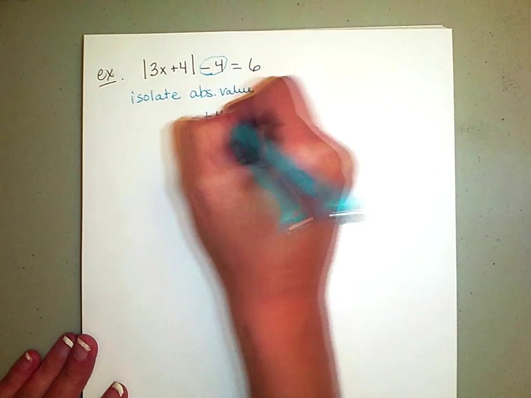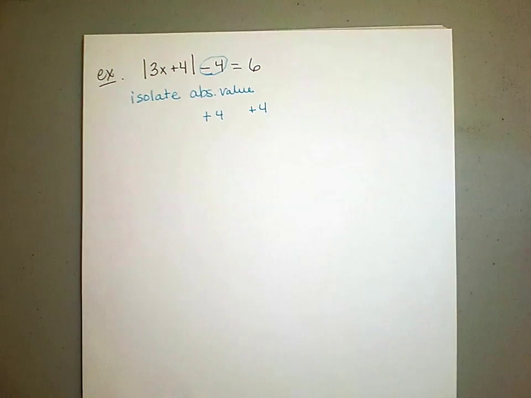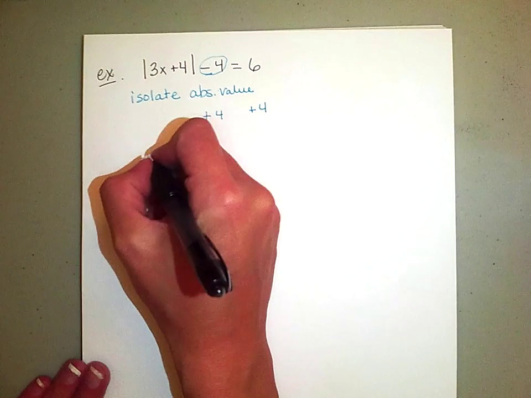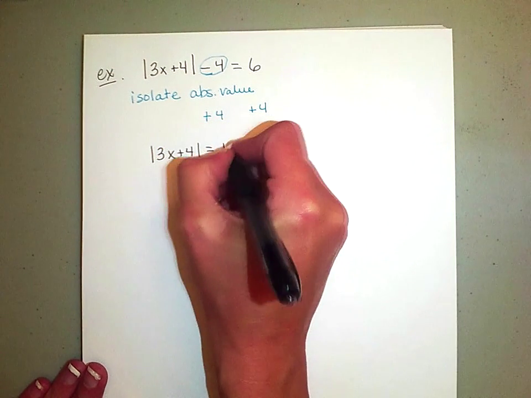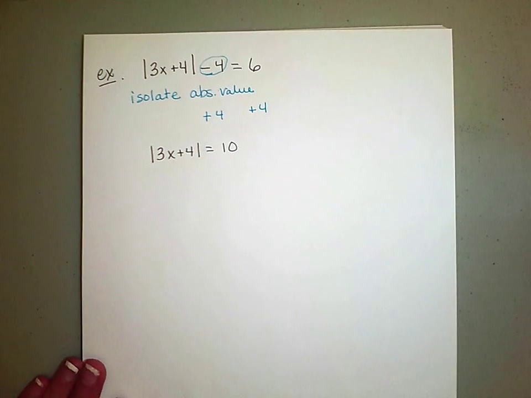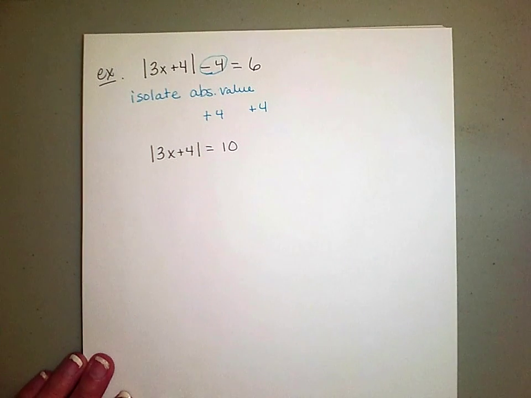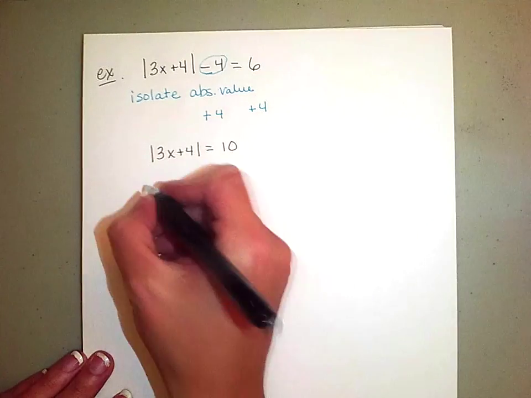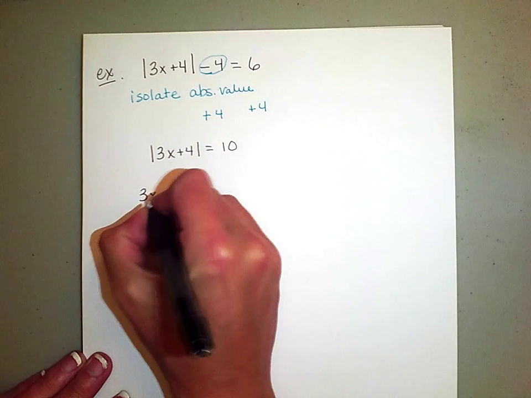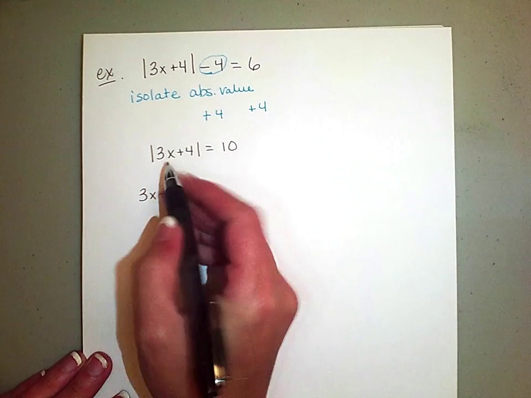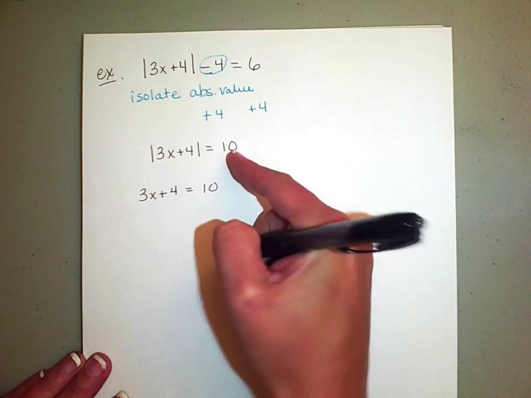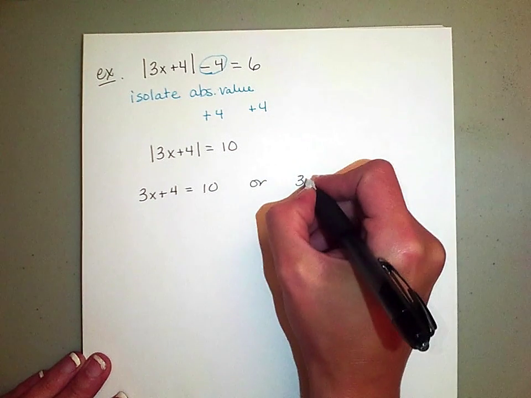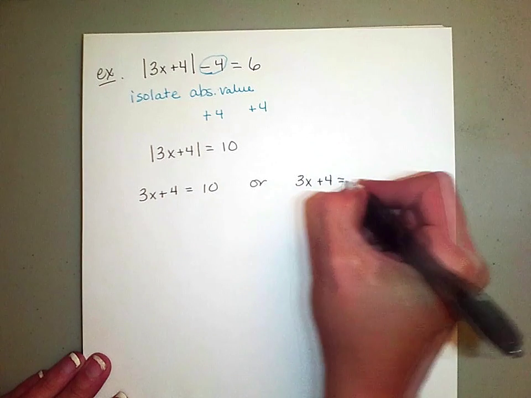And to do that, I'll add 4 to both sides. So this is the absolute value of 3x plus 4 must be equal to 10. Now that the absolute value is isolated, I can use that reasoning about a distance from 0. So it's either that what's inside the absolute value is equal to the positive, or that what's inside the absolute value is equal to the negative.